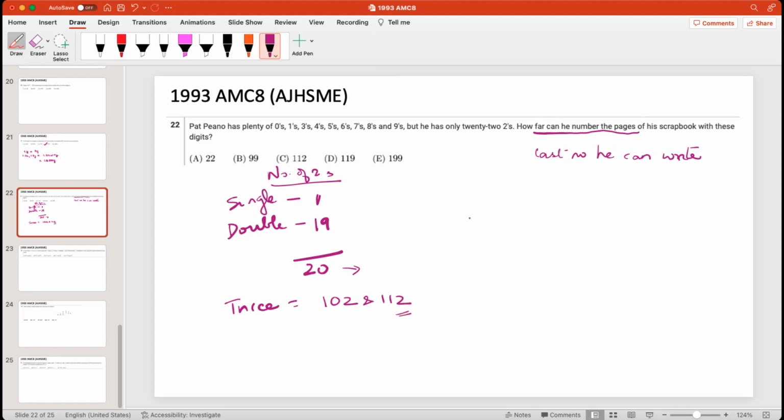Without twos he can write many more numbers, isn't it? So the twos are over, but he has all the other digits, so he will keep on writing till he reaches the next 2, which is at 120. He won't be able to write 120, but he can write till 119. Got it? So it's a tricky one, so you should not answer 112, you should answer 119. That's your answer, D, 119.